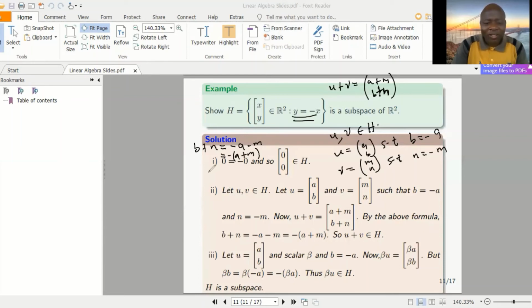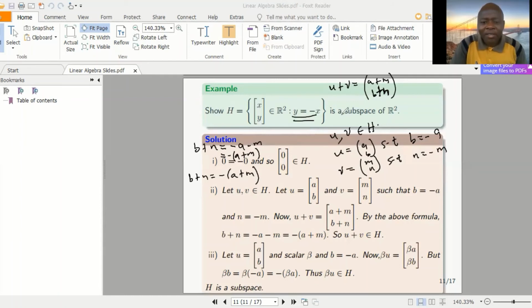So what have I shown? I've shown that b plus n equals negative (a plus m). In other words, the second element here is negative times the first element.